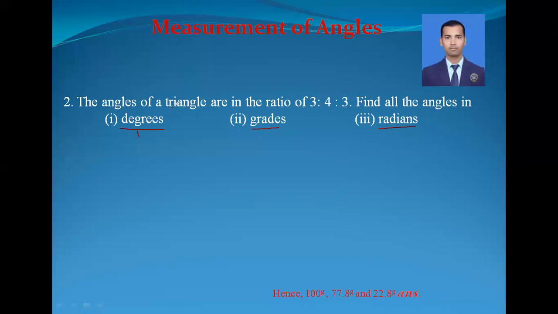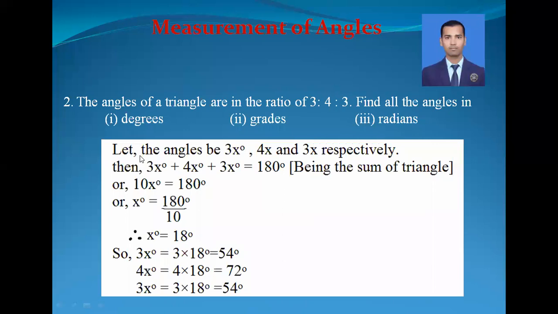First we need to find these angles 3, 4, and 3 in degrees. So here, let the angles be 3x degree, 4x degree and 3x degree respectively, as the angles are given in ratio.